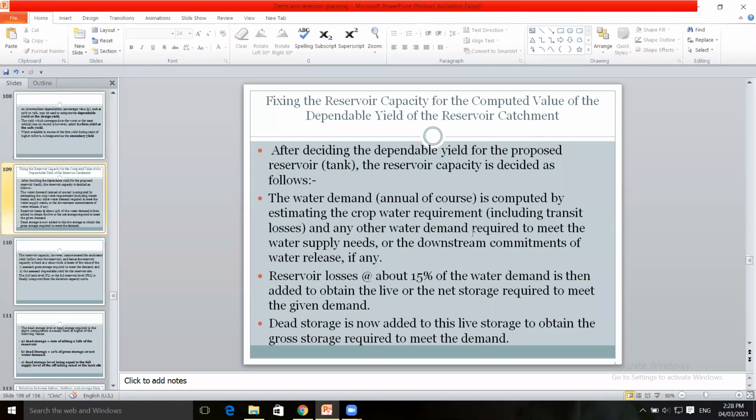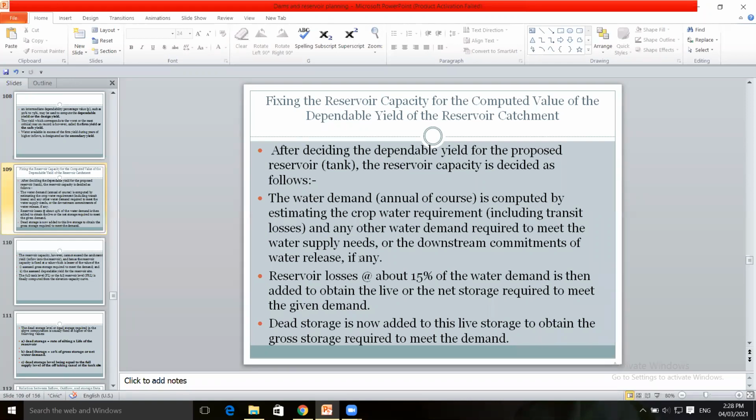That water demand is calculated throughout the year. The amount of water required throughout the year is known as water demand.